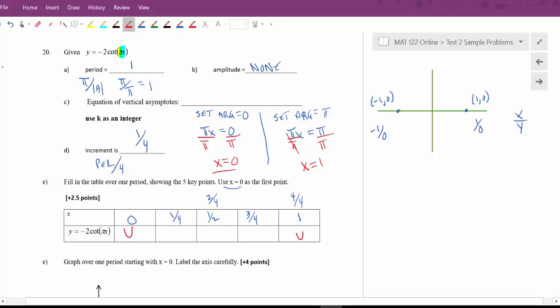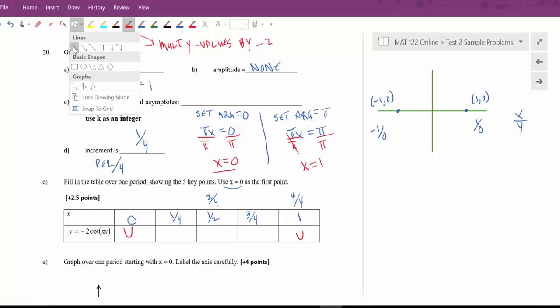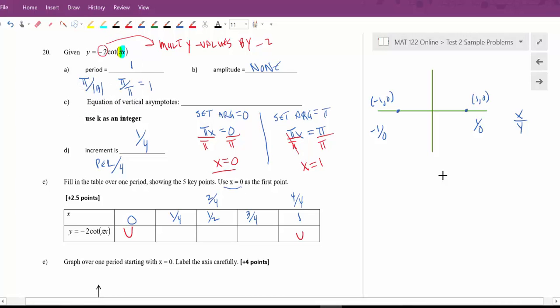Okay, now we also have this thing, that -2. What that's going to do is multiply all the y values on a basic cotangent by -2. So if you looked at a basic cotangent graph, I'm just going to review real quick how a basic cotangent graph goes before we construct this final graph.